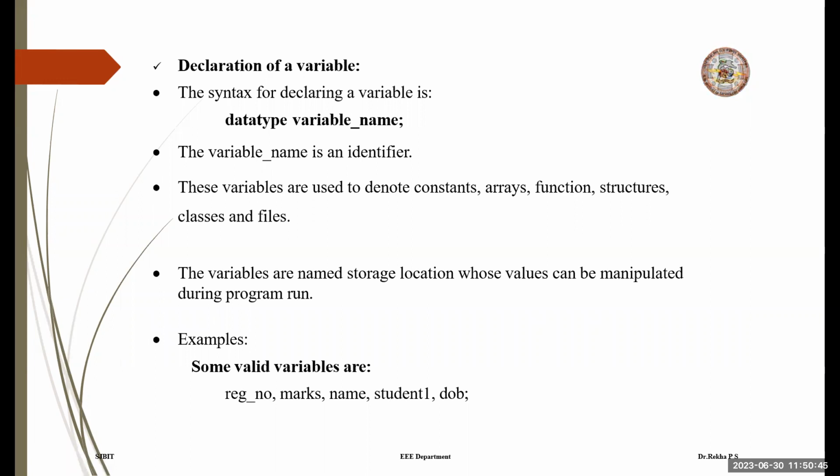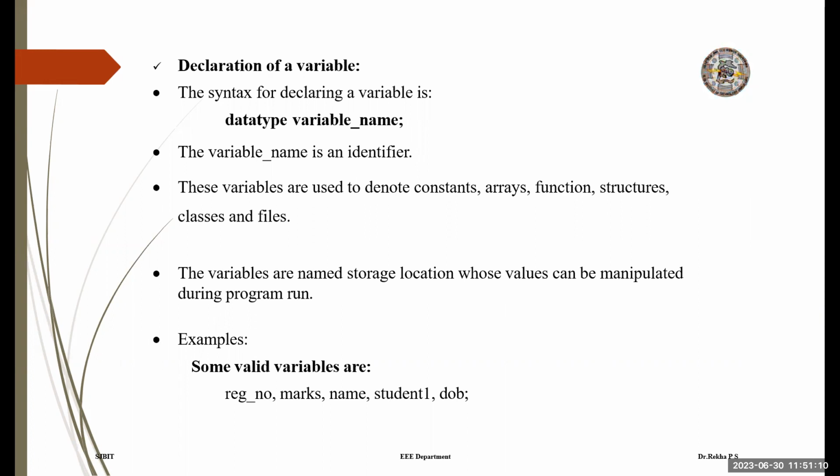Float and char work the same way. The variable name is an identifier, and we know the rules for identifiers. Let us discuss them one by one. These variables are used to denote constants, arrays, functions, structures, classes, and files. Variables are named storage locations whose values can be manipulated during the program run.